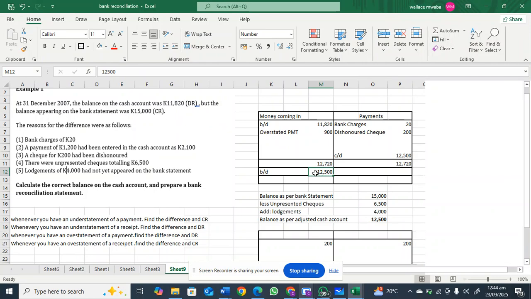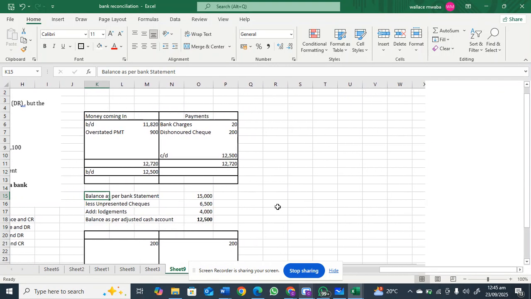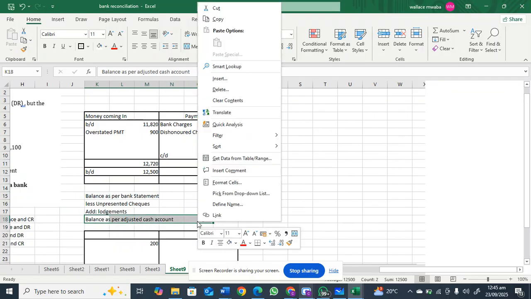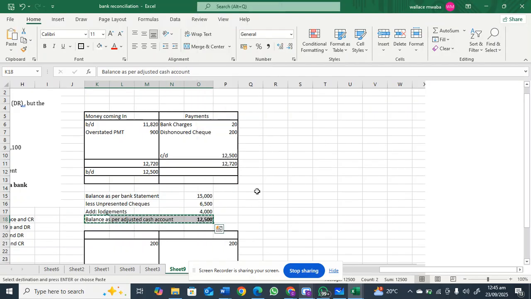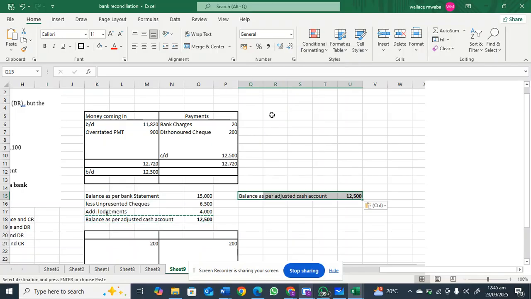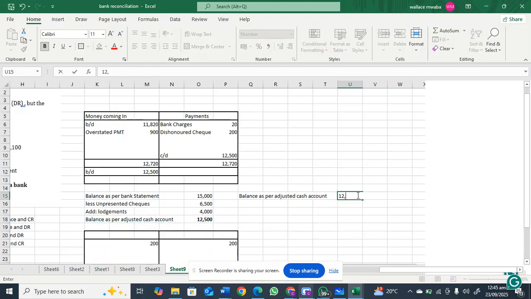So always remember that when you start with the balance for the bank statement, you need to end with the balance of the adjusted cash account. Now, if we wanted to start with the balance as per adjusted cash account, it's like we're moving in reverse. We start here with 12,500. Any unpresented checks, any payments, you add, it's like you're moving backwards.